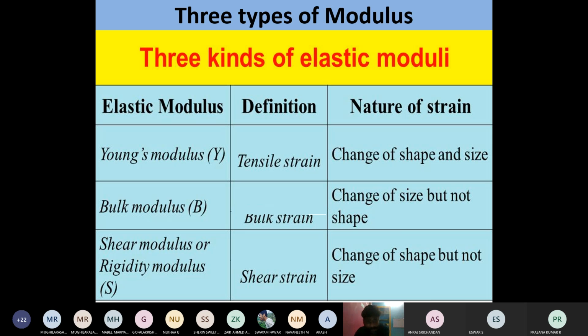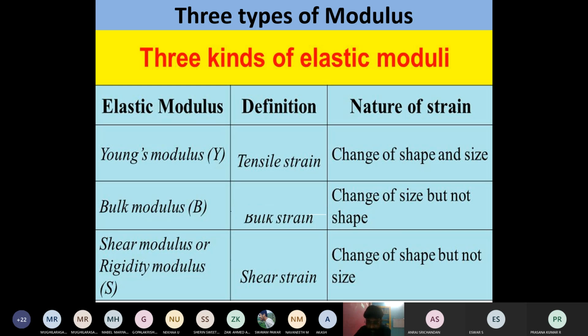So the three types of modulus of elasticity are Young's modulus, bulk modulus, and rigidity modulus. The rigidity modulus can also be called the shear modulus. Shear is nothing but a change in the angle. Young's modulus means change in shape and size. Shape and size both will change in Young's modulus.